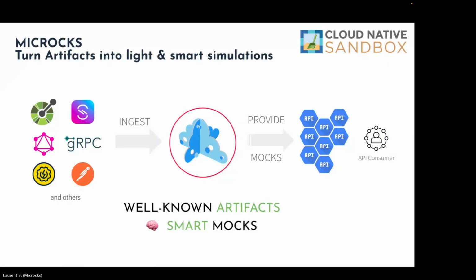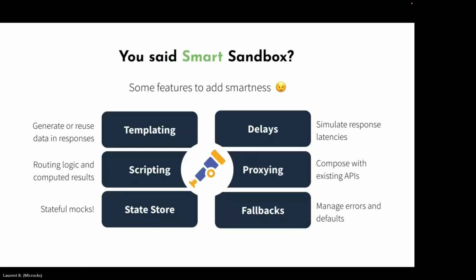Okay. And when we talk about smart mocks, it could be obviously static mocks, but there are much more features that you can use to really simulate smart behavior from your mock. So you can use some stuff like templating if you want to, for example, reuse some elements of the incoming request in the response.